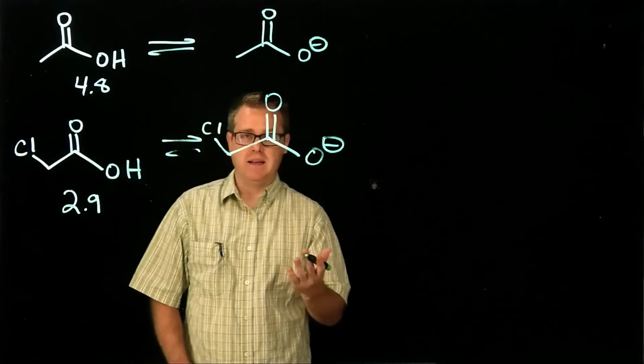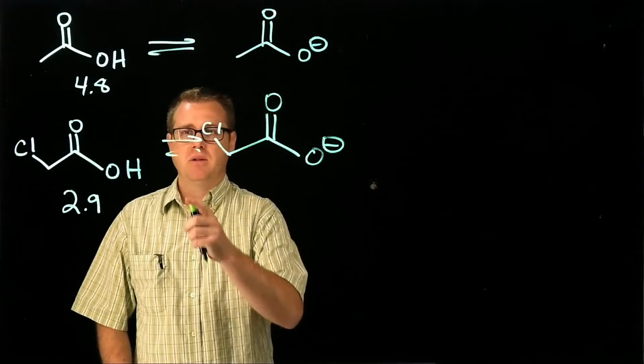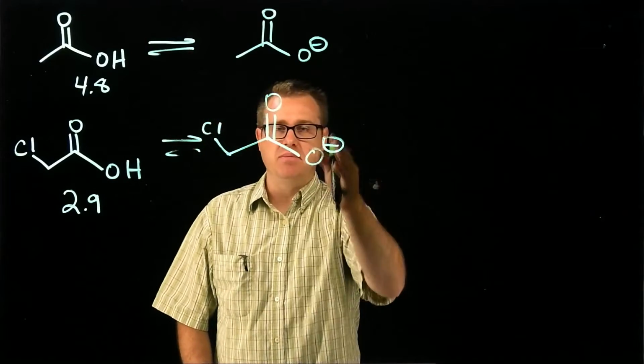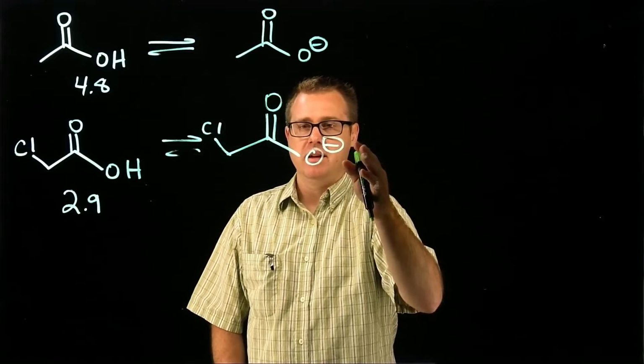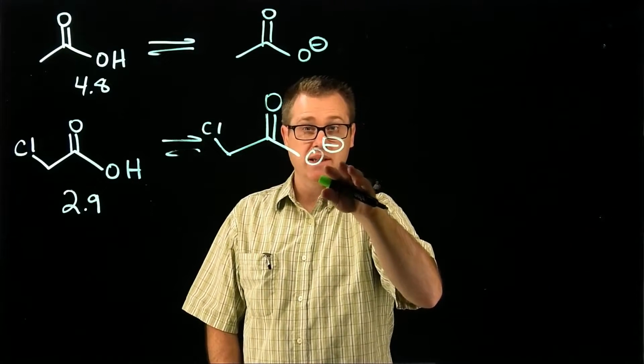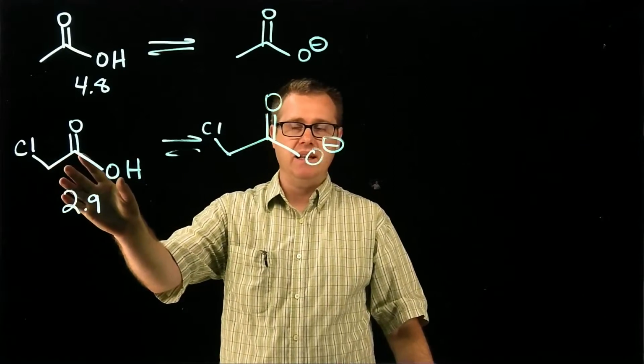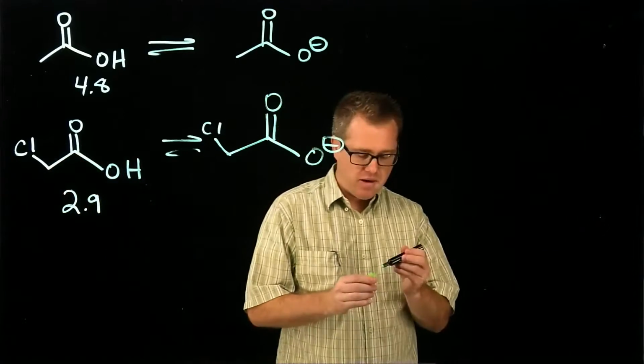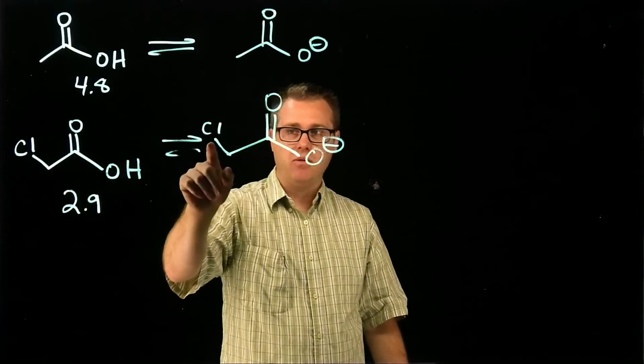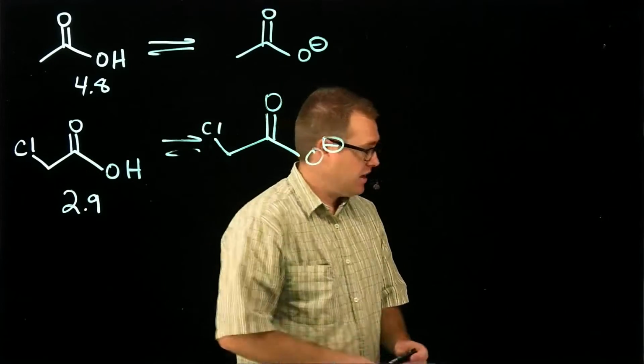Well, why is it more acidic? Remember that it has to do with the stability of the conjugate base. If the conjugate base is more stable, then the acid form is going to be more acidic. So what's going on here? Why is this guy more acidic? Well, we have what? Inductive effects.